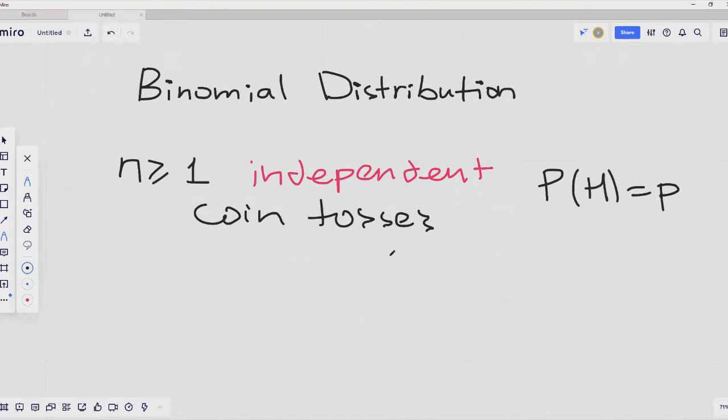Now, our goal here is going to be to calculate the probability of obtaining k heads in our n tosses.